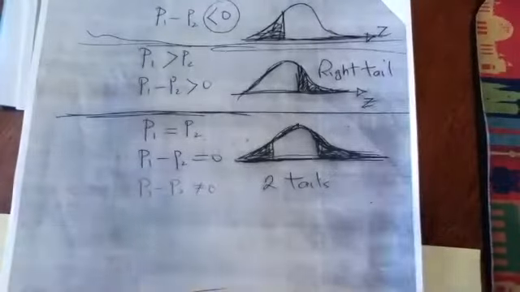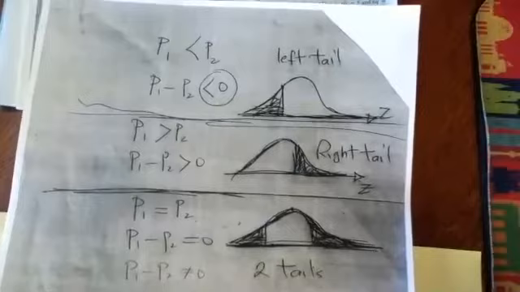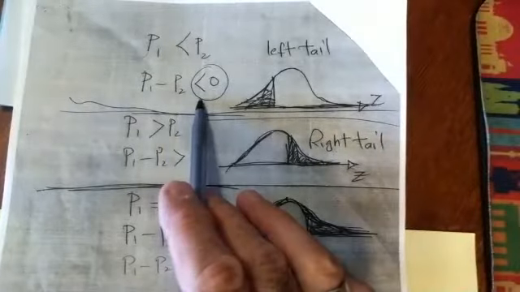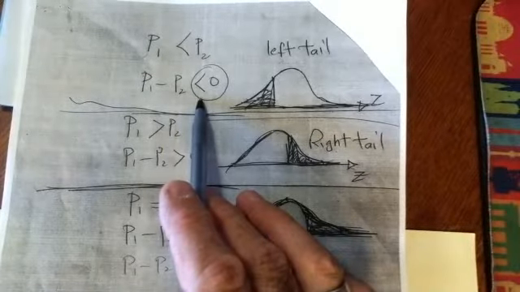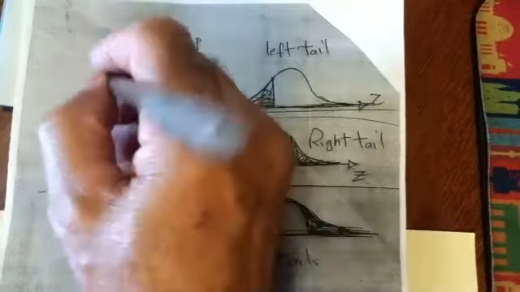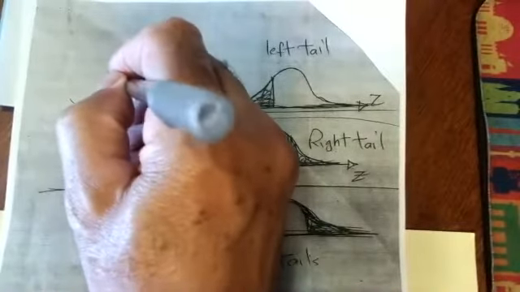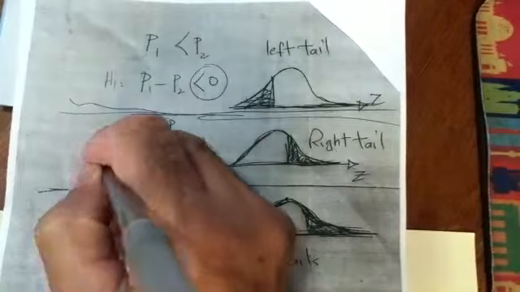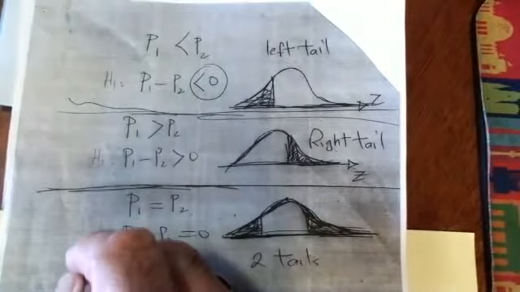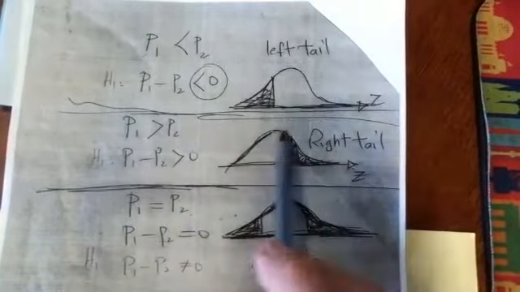And then you understand that if the difference is less than 0, which is normally for H1, then it's left tail.